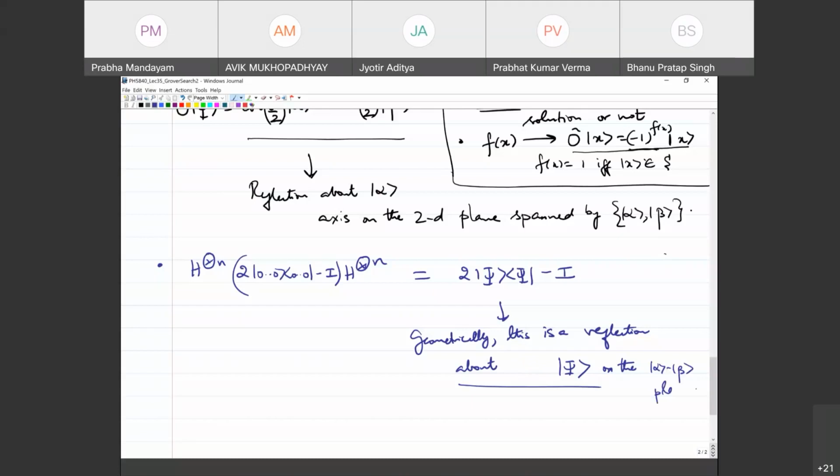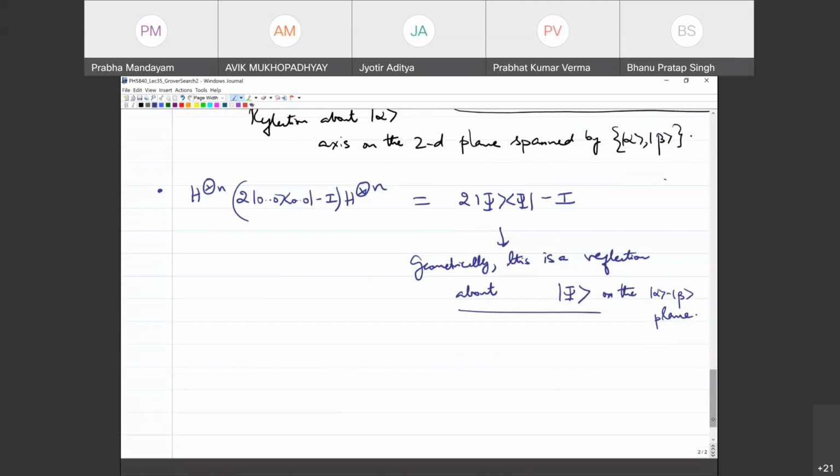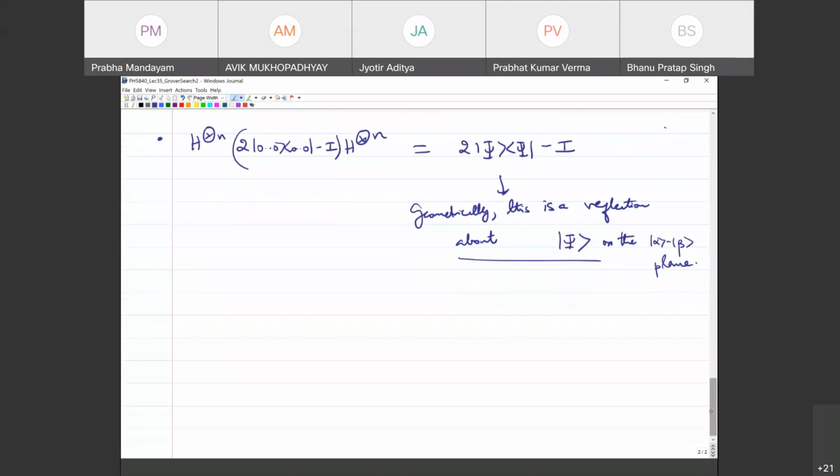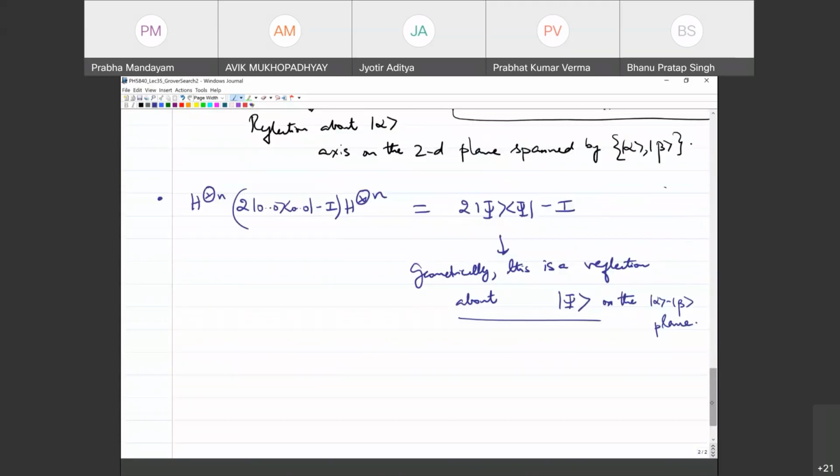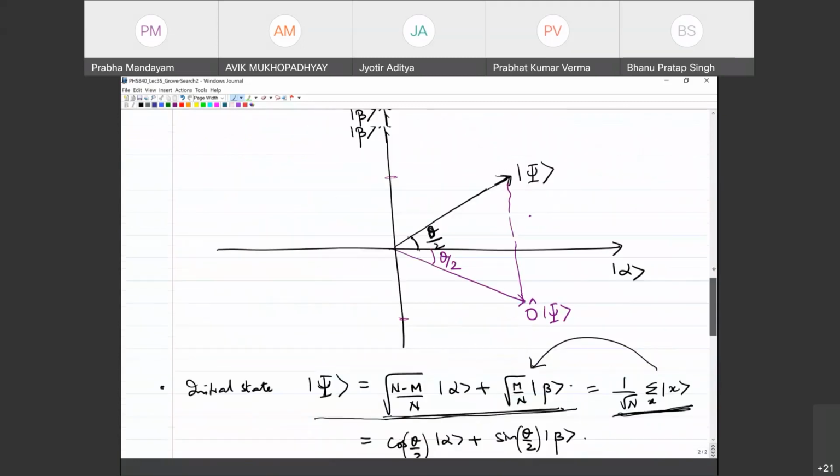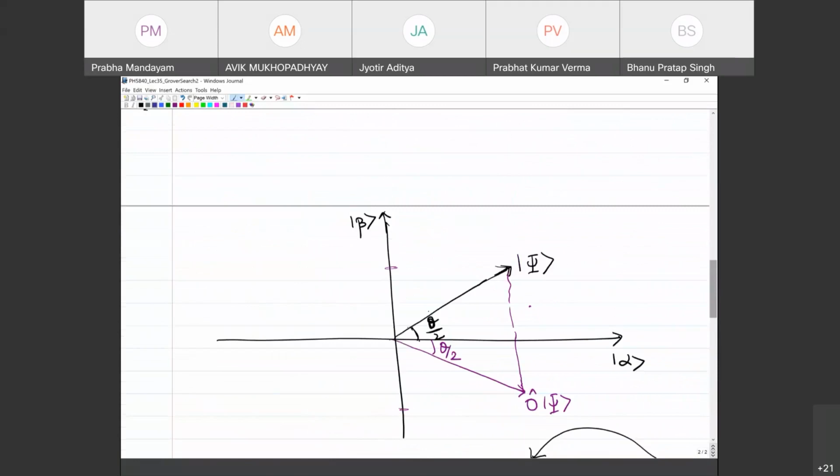Okay, so I hope you see that. I argued this yesterday by looking at the action of this operator on psi and looking at the action of this operator on a state that is perpendicular to psi. And then once again, therefore you can argue that in this 2D space, it's a reflection about psi. So this second part then is a reflection about psi, which means this state has to now be reflected about psi.